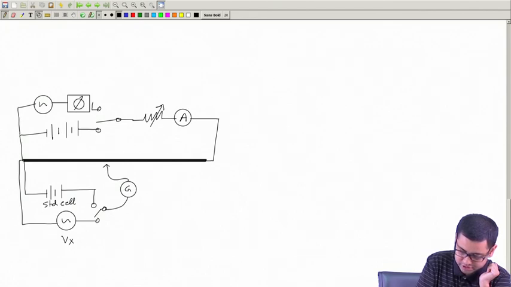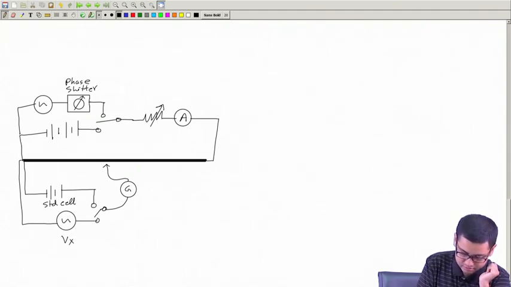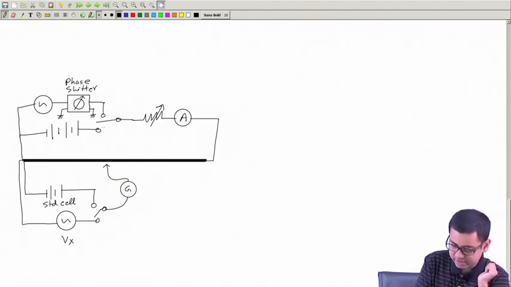So this is a phase shifter, and you can think of the schematic like this.